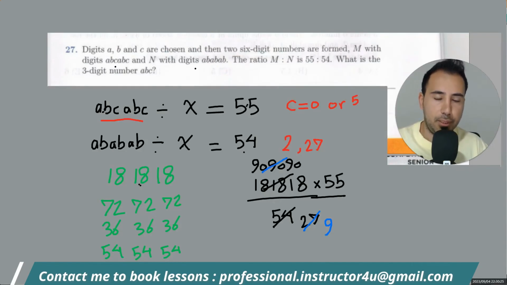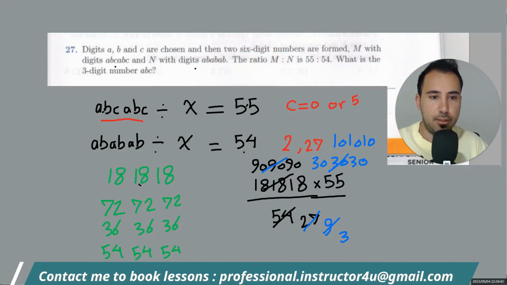This number will be 30303. One more time, this one divided by 3. This number will be 10101. Okay, we have to divide this one more time by 3 and then multiply by 55. This one, I have to write it down right over here.